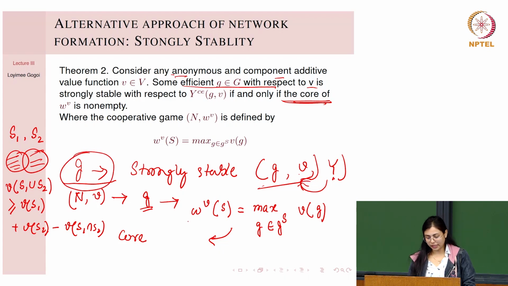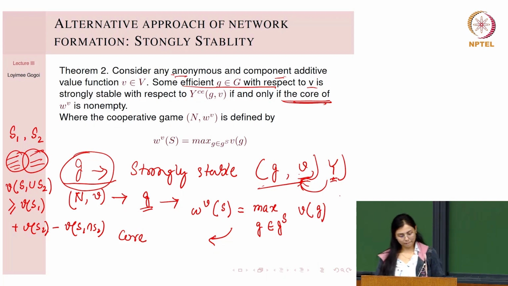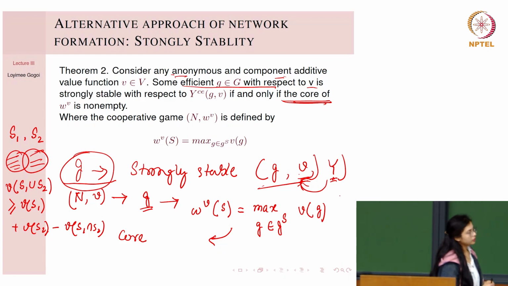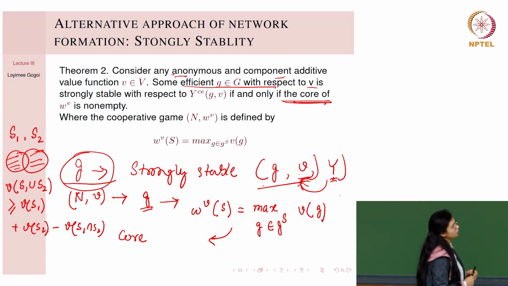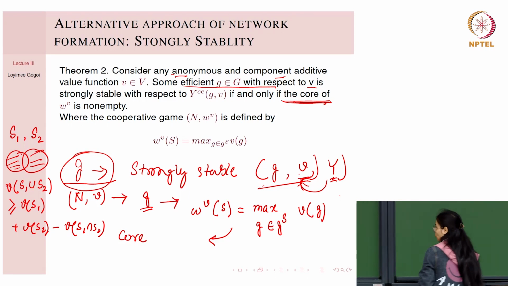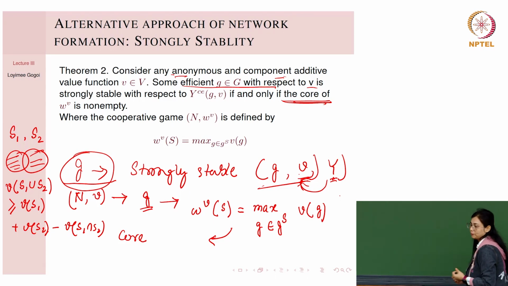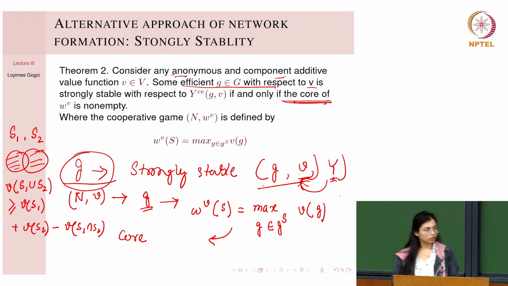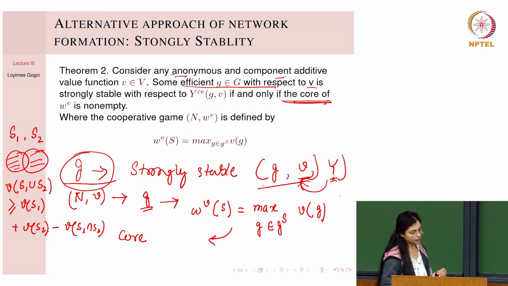We have a strongly stable network with respect to V, where V is component additive and value function anonymous, and the allocation rule is the component-wise egalitarian allocation rule, if and only if we define a cooperative game V_W, where the worth is equal to the maximum of the worth of any network that belongs to the complete network G over S, G^S.